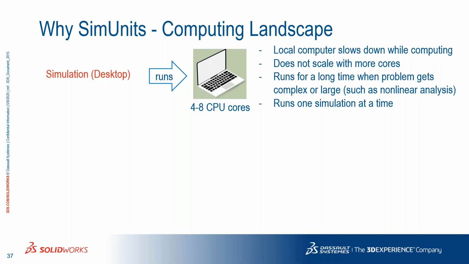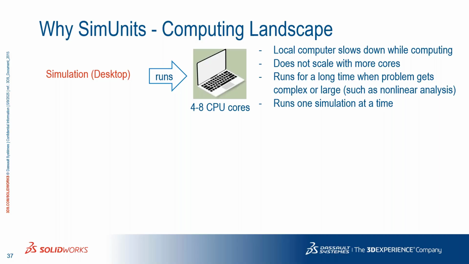But this is the limit, where the core computing is limited to 4 to 8 cores or even below that. And since it is running on my system, my system becomes idle at that time. I cannot do any other thing. Even if I try to, it may hang, or it may shut down or something.